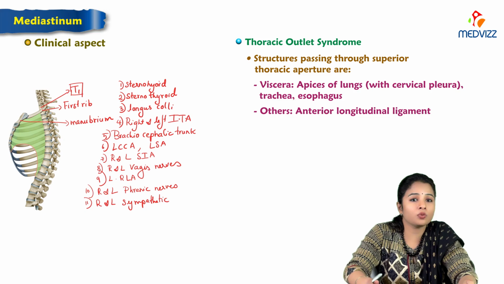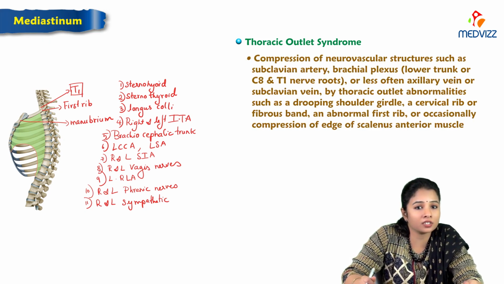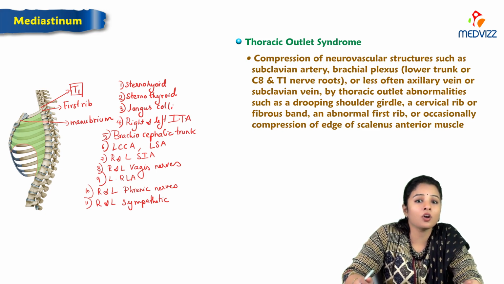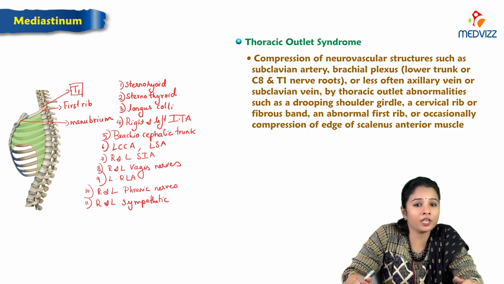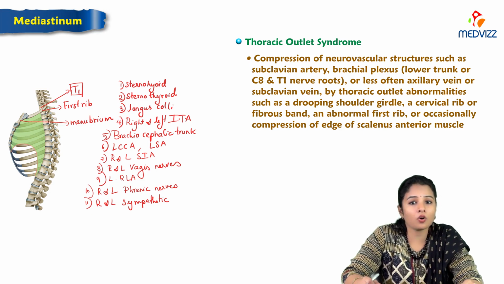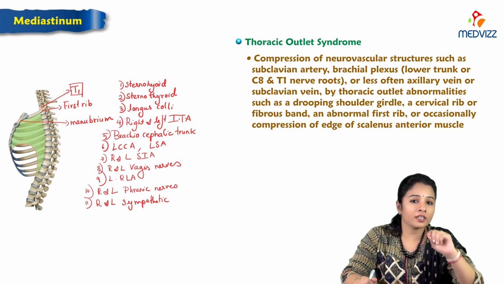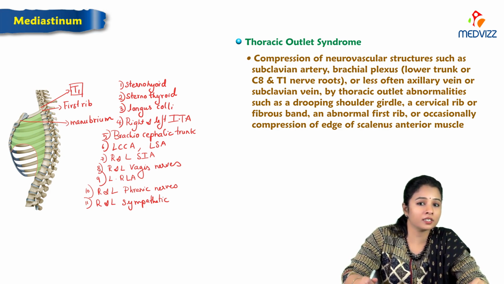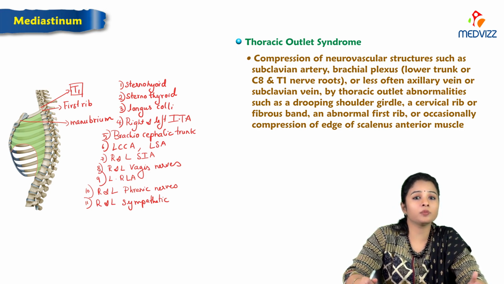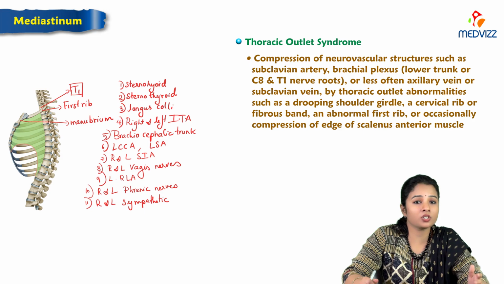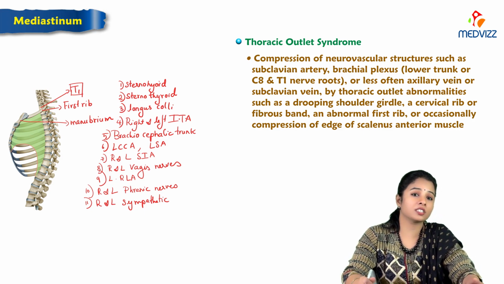So thoracic outlet syndrome is the compression of these neurovascular structures such as the subclavian artery or brachial plexus, that is the lower trunk of C8 and T1, or less often axillary vein or subclavian vein, by thoracic outlet abnormalities, or drooping of the shoulder girdle, or extra rib in the neck called the cervical rib, or due to a fibrous band present in the cervical region, or abnormal first rib, or occasionally compression by the edge of the scalenus anterior muscle, which is called scalenus syndrome.